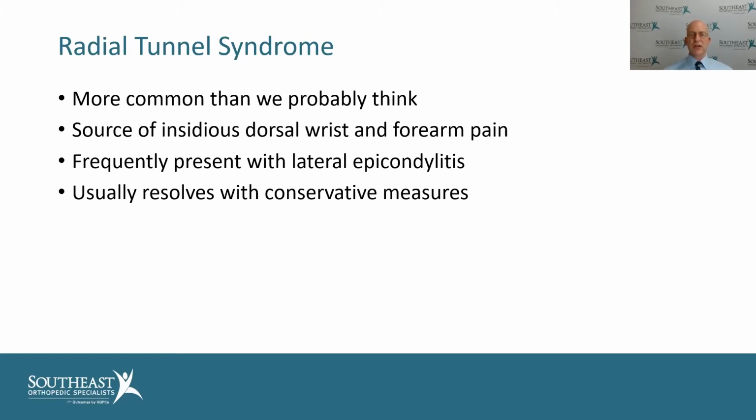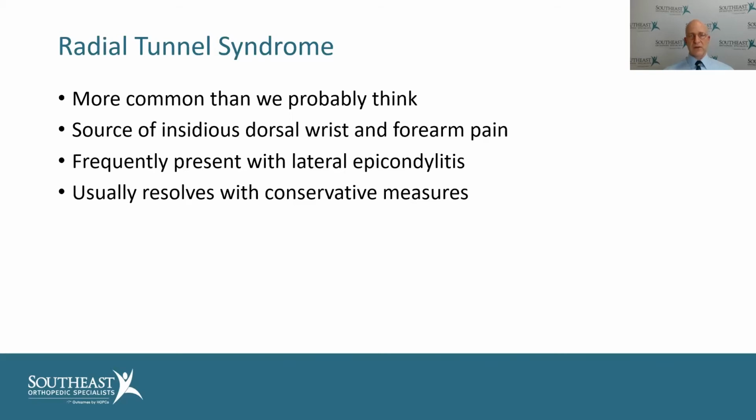Radial tunnel syndrome is probably quite common because it can hide in the background of other problems. Part of a thorough evaluation of elbow pain would involve also evaluating for radial tunnel syndrome. That can be the source of a failure of treatment requiring a surgery that then does not solve the problem.